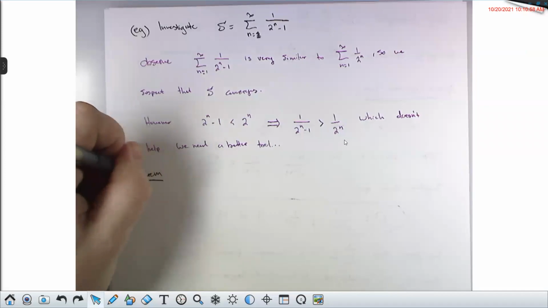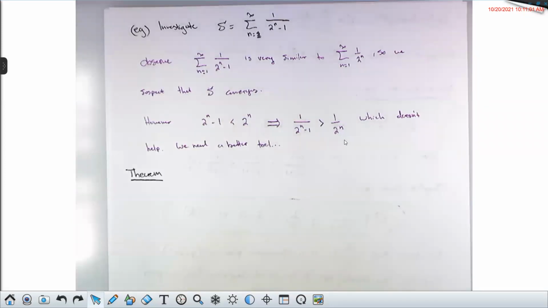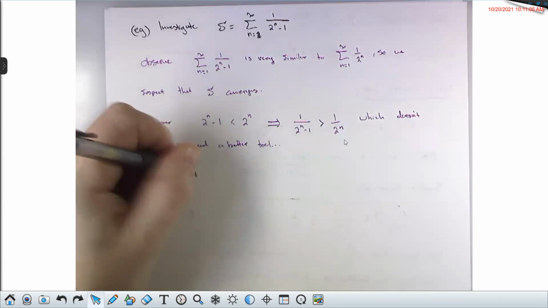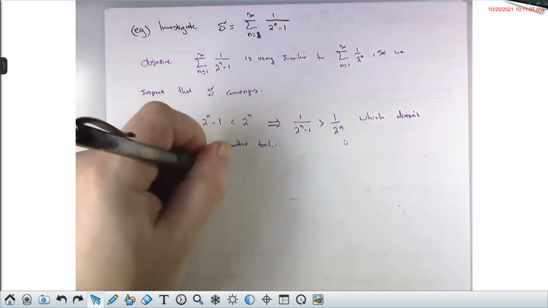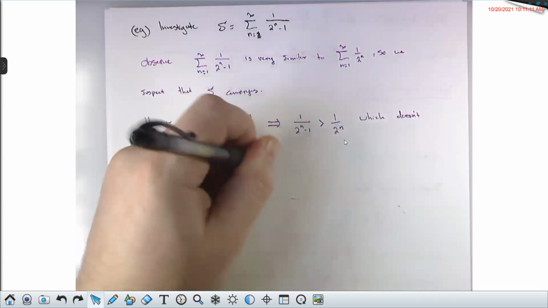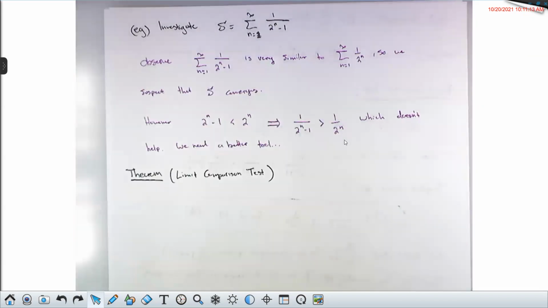We're going to revisit this example in just a second. This other comparison test is called the limit comparison test. I'm going to try to explain a little bit where this limit comparison test comes from. I think seeing the proof of this will help you understand it because people generally struggle with it quite a bit. But first, let me just tell you what it says.